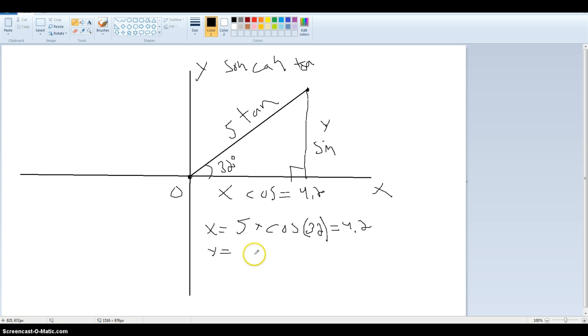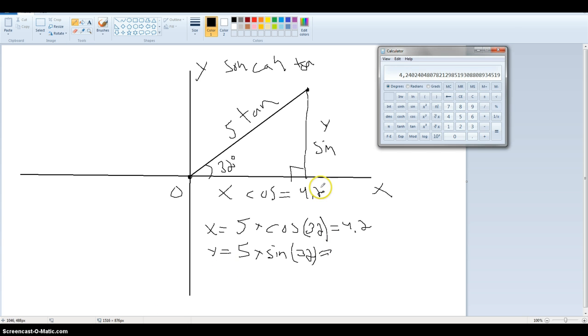And for the y-axis, again take the hypotenuse length and multiply it with, because we want to know the opposite side, we use sine. So sine of 32 degrees, and let's calculate it.